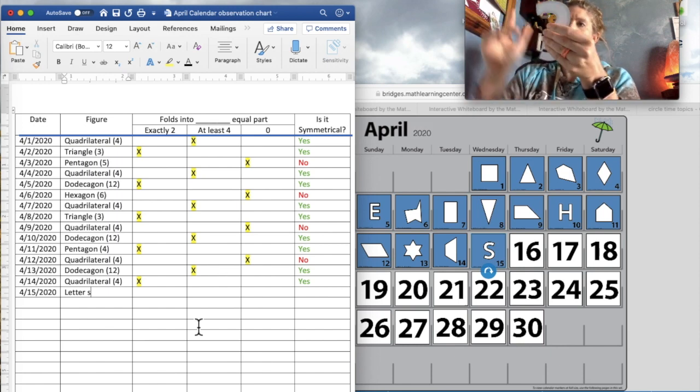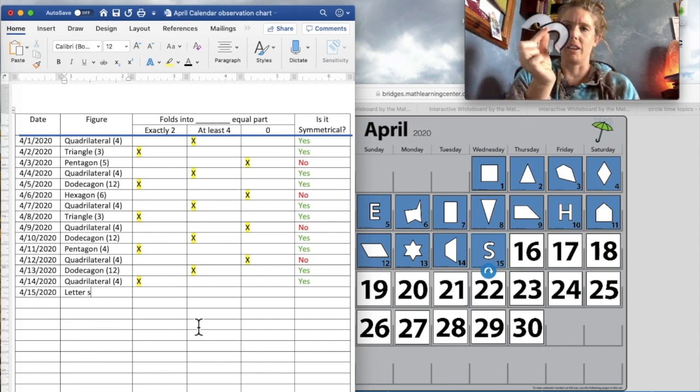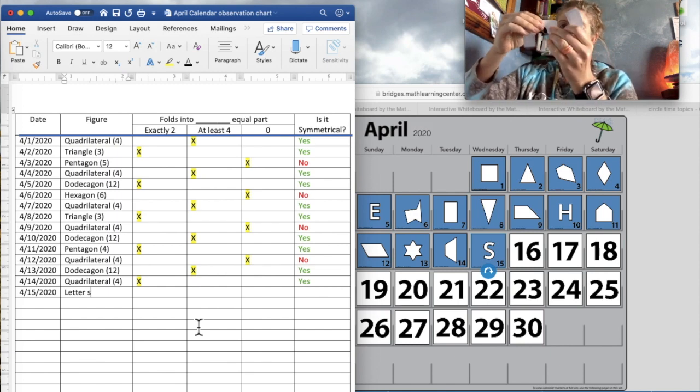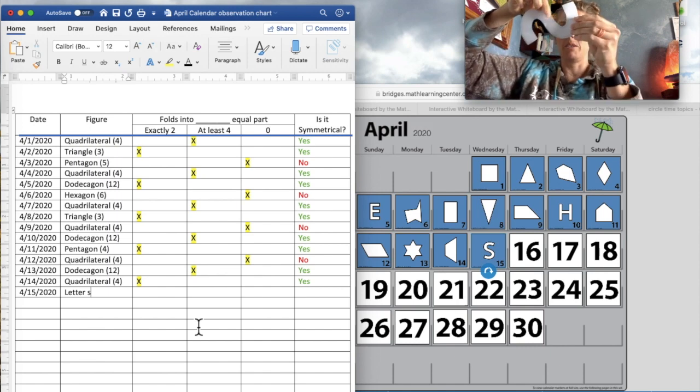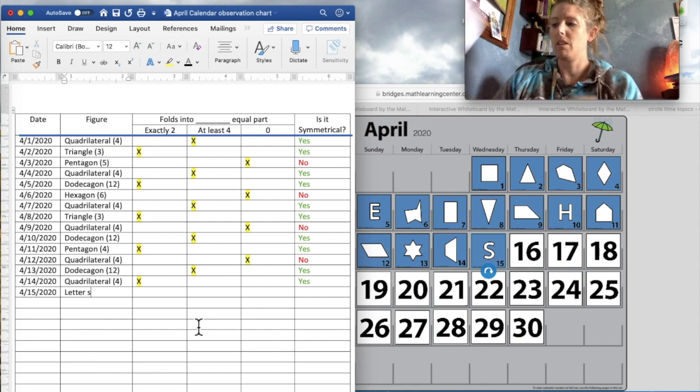Nope, I'm still not seeing it. That kind of looks like an M there, but I am not seeing a line of symmetry, or it folded into 2 equal shapes. So we are going to put an X on.